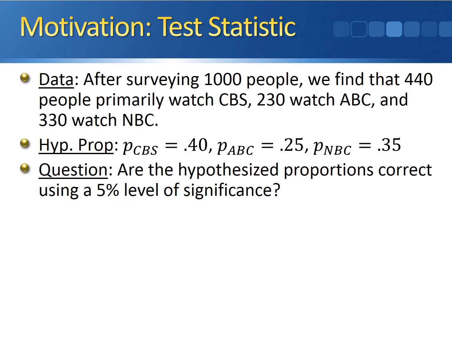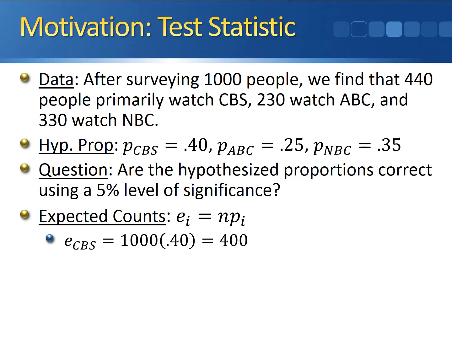At this point, we're almost ready to calculate the test statistic. The only thing missing is the expected counts. The expected counts are calculated by taking the overall sample size, 1,000 in this case, and multiplying by the corresponding hypothesized proportion for each category. So the expected count for CBS is going to be 1,000 times 0.4, which gives us 400.